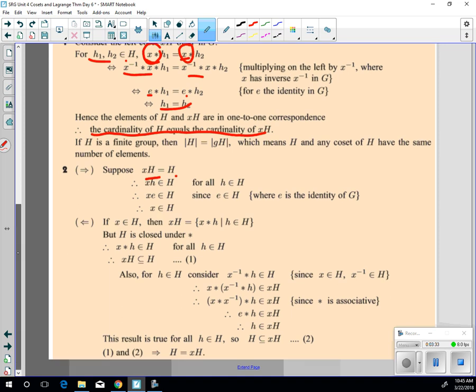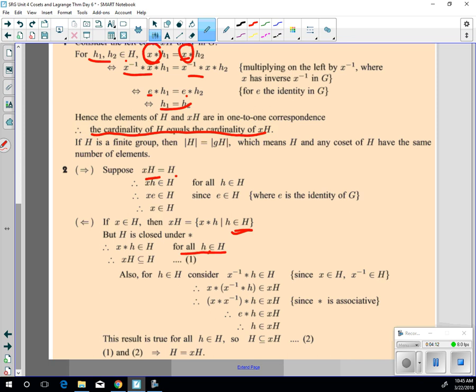If x is an element of H, then xh will equal x star h, where h is an element of H. But H is closed under star, so x star h is an element of H for all h in H. Then you know that xH is a subset of H, from what Gavin just proved.